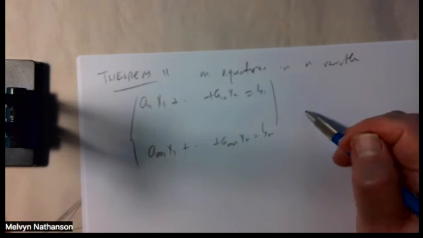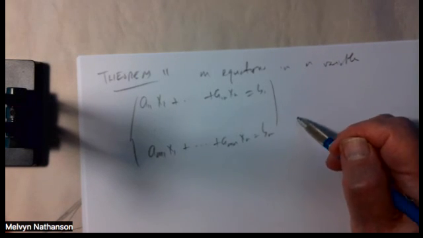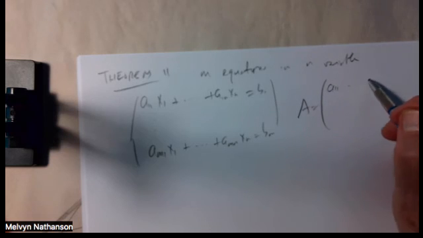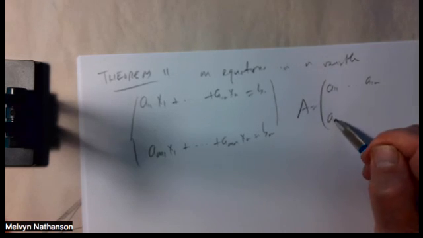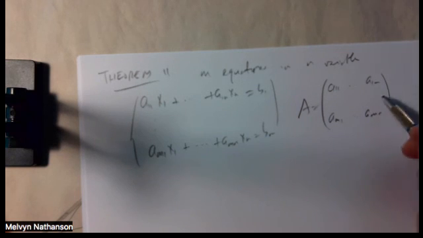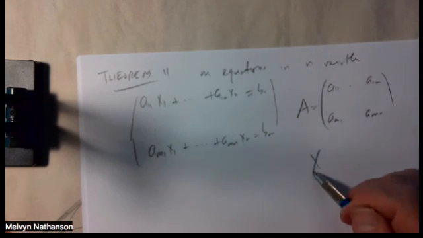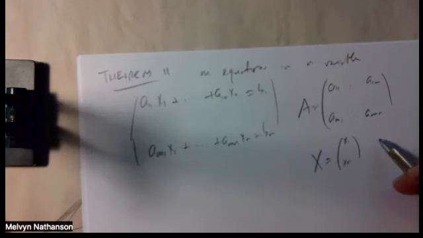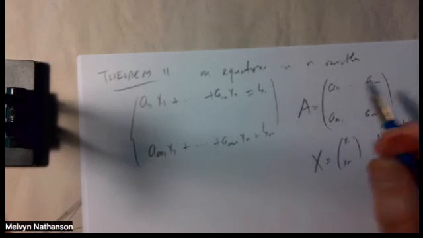In matrix form, you would have the matrix A, which is the matrix of coefficients, a11 up to a1n, down to am1 up to amn, and the vector x, which is x1 up to xn, and the vector b, which is b1 to b sub m.